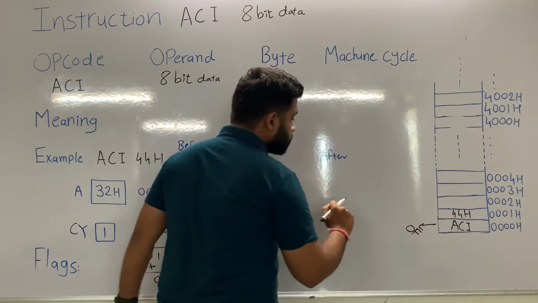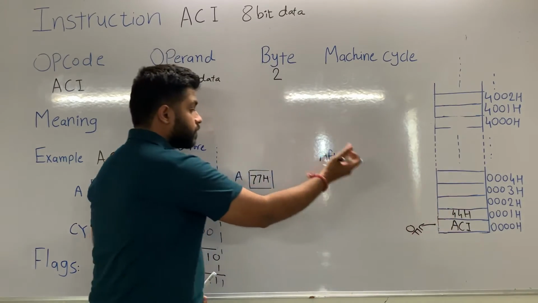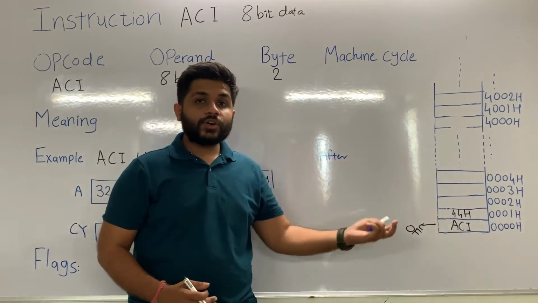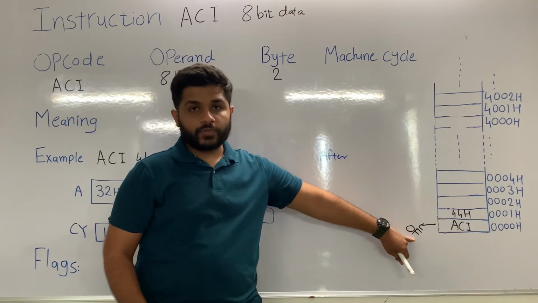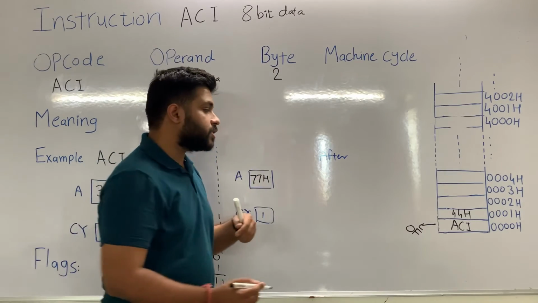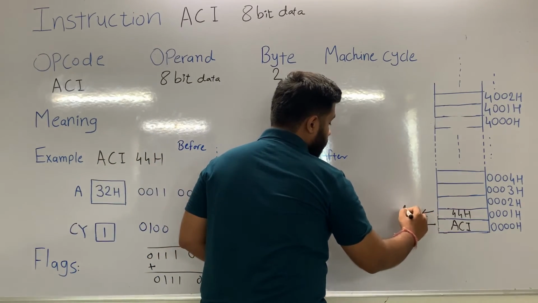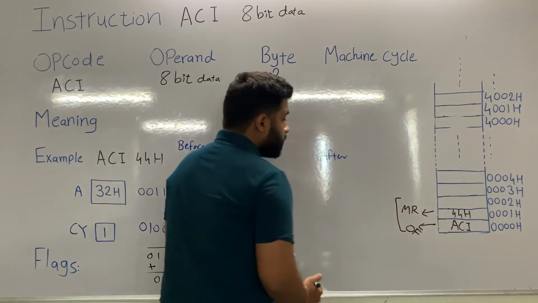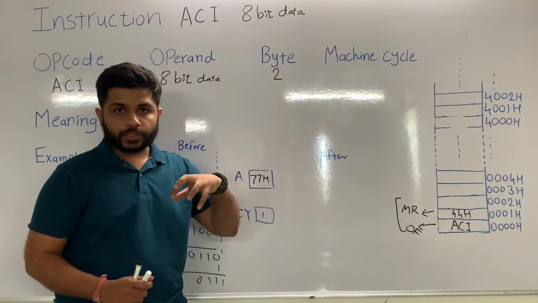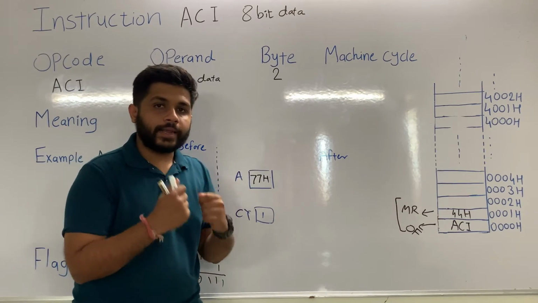When the microprocessor performs the opcode fetch, this opcode will be transferred to the microprocessor. Now, the whole instruction is not read when the opcode fetch is performed. To read the whole instruction, the microprocessor has to perform one more machine cycle, that is memory read. So when opcode fetch and memory read are performed, this whole instruction will be transferred to the microprocessor. The processor will decode and execute.